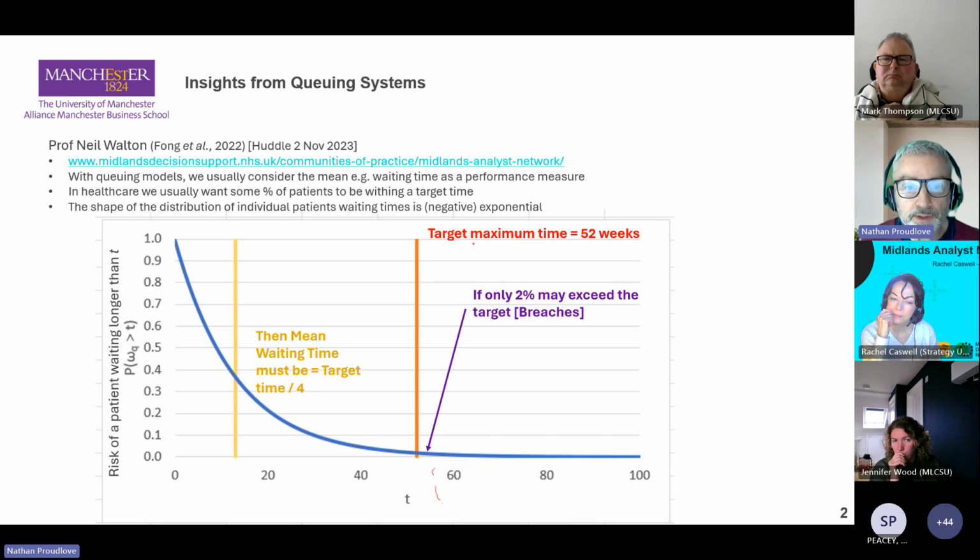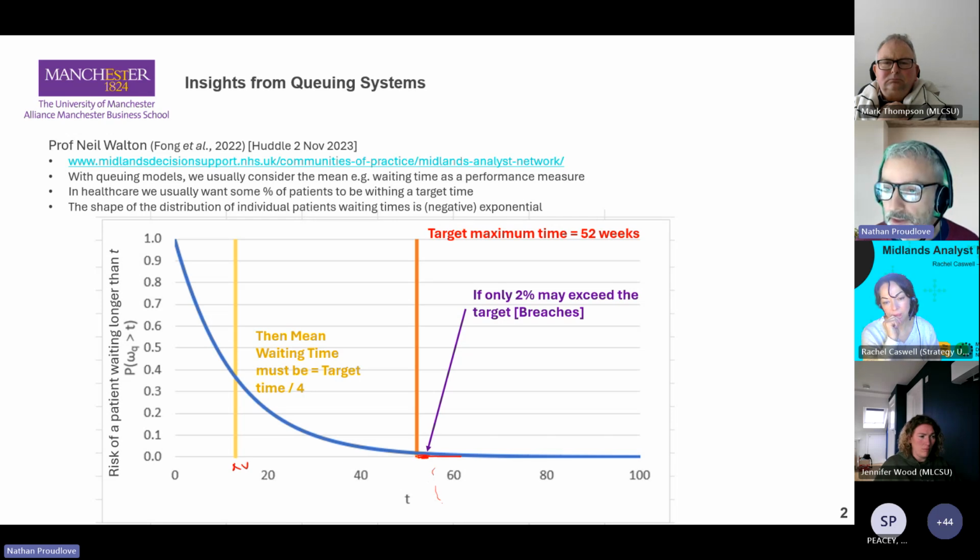So he was looking at, okay, if your breach limit is 52 weeks, you have to admit someone within 52 weeks, and you'll only accept 2% of them waiting 52 weeks or longer, then what does that mean in terms of the average waiting time? It has to be about a quarter of that target time.